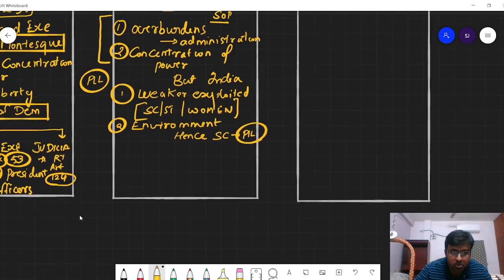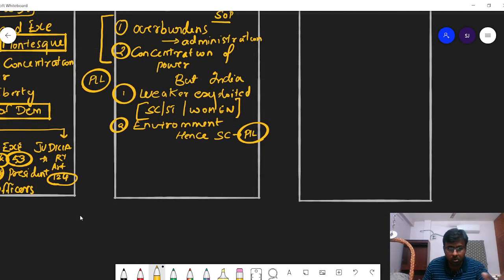Using what? Using the following articles. In writing you can make a very detailed answer, but I'm giving the flowchart. Using the following articles, the Supreme Court has given PIL. What is the first article? Article 39A. Have you seen this article? It is an article in the DPSP.